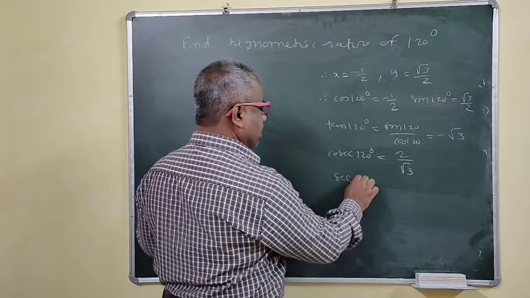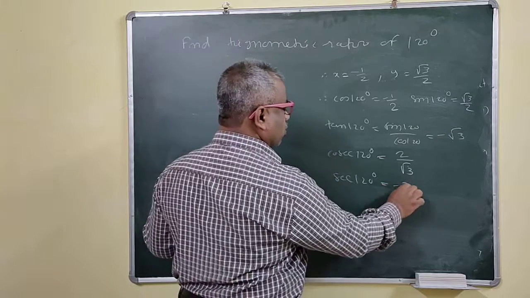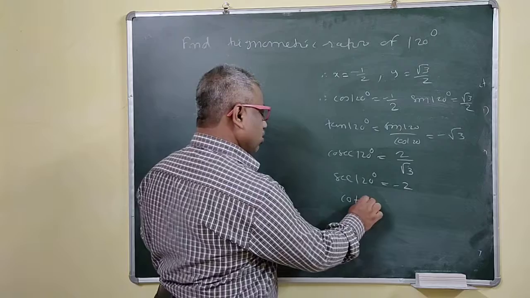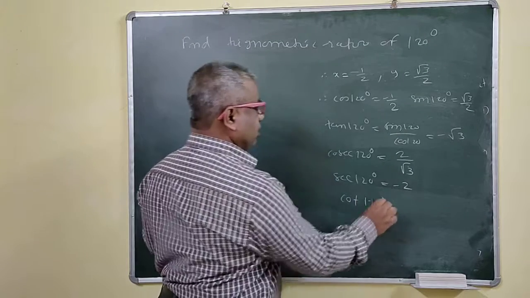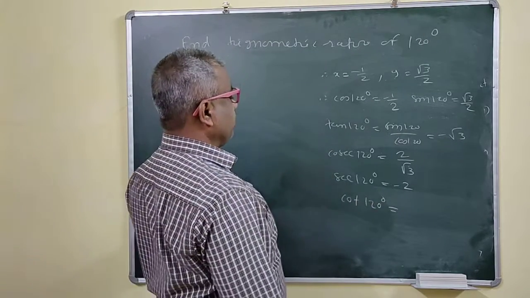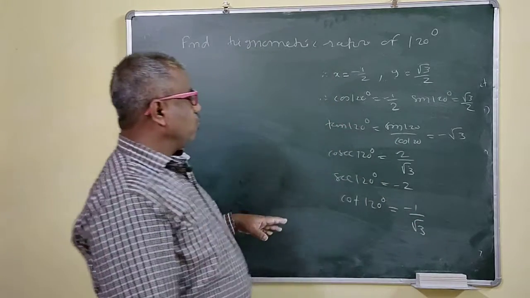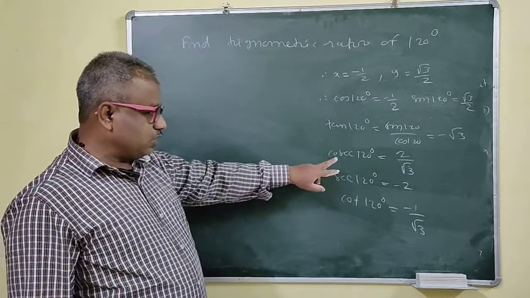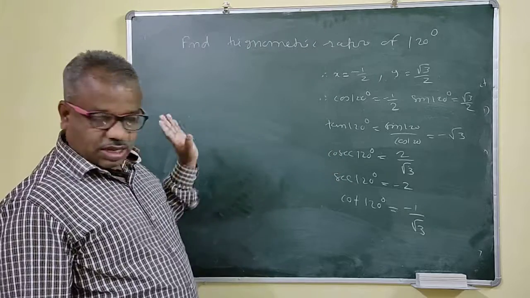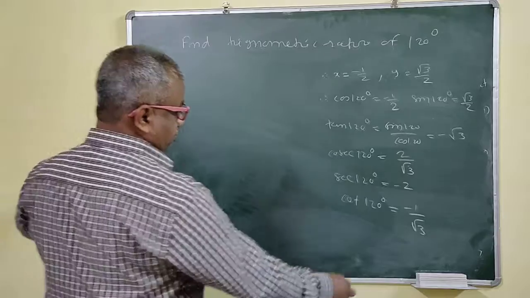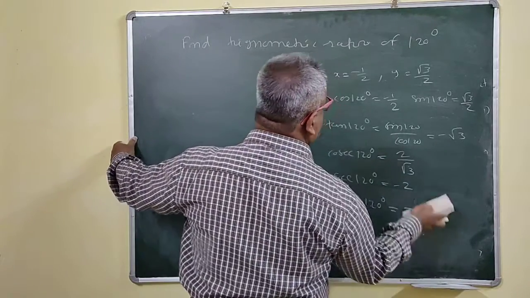Then sec 120 degree, reciprocal of cos, is -2. Then cot 120 degree, that's the reciprocal of tan. See, sin is positive and its reciprocal is positive, all others should be negative, because you are in the second quadrant.